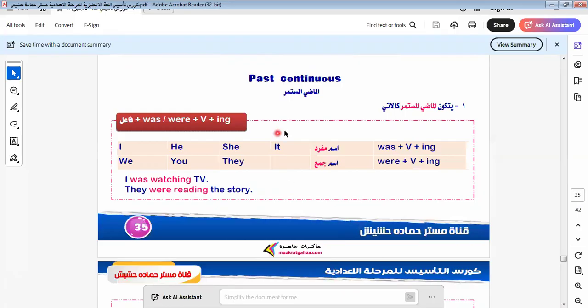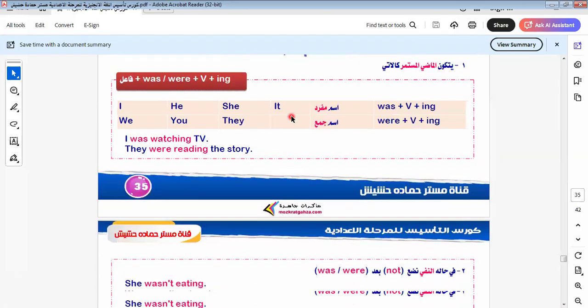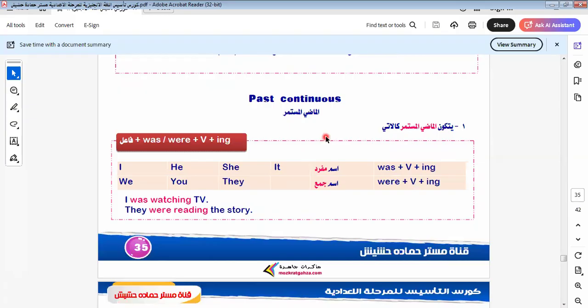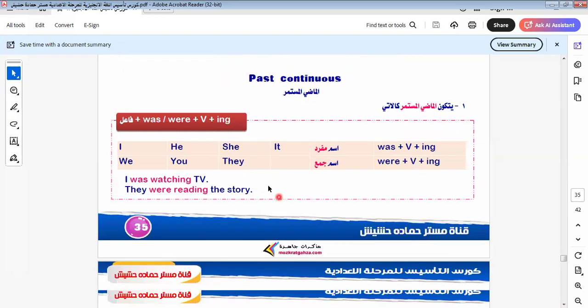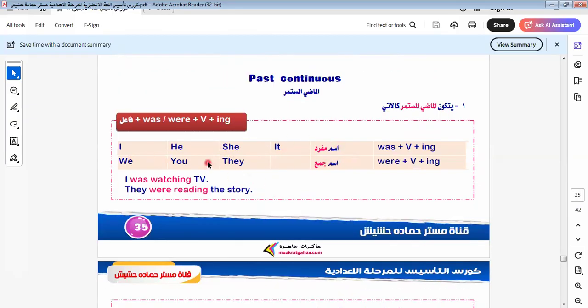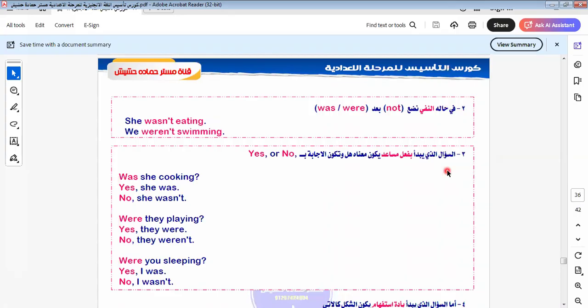In this tense, we talk about the past continuous tense. The formula of this tense will be what? It will be was, were, plus verb, plus ing. I, he, she, it take was, plus verb, plus ing. The plural of this tense will be you, we, they take were, plus verb, plus ing form.